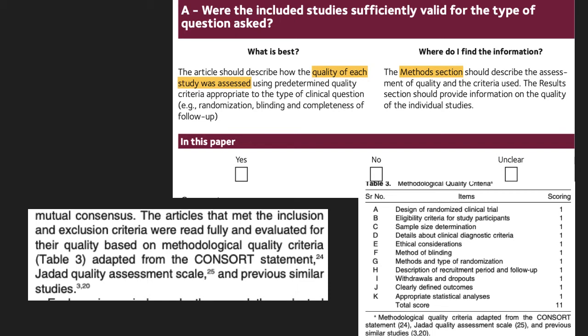We can find this in the method section. The authors wrote in the method section that the articles that met the inclusion and exclusion criteria were read fully and evaluated for quality based on methodological quality criteria, table 3. In table 3, they had a tool with a total score of 11 to assess the studies.